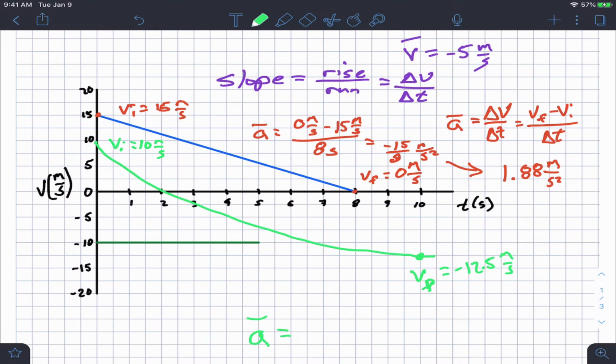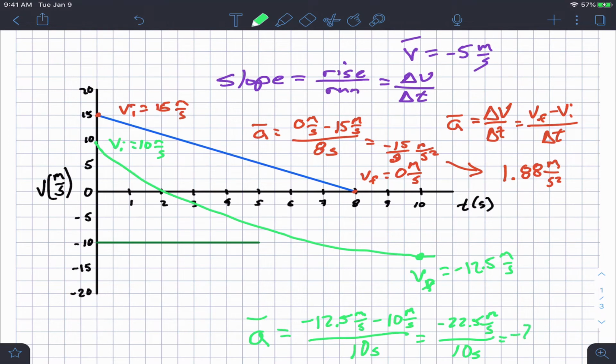In other words, well, let's do the math here. Negative 12.5 meters per second minus 10 meters per second over 10 seconds. So you get negative 22.5 meters per second over 10 seconds.